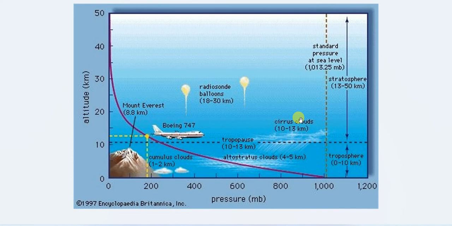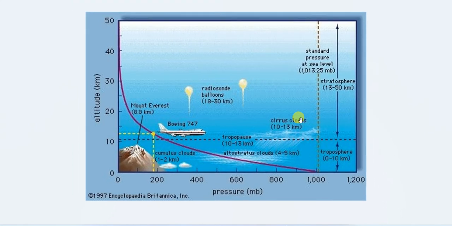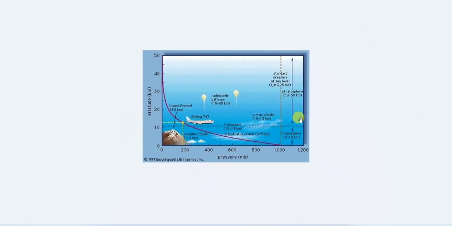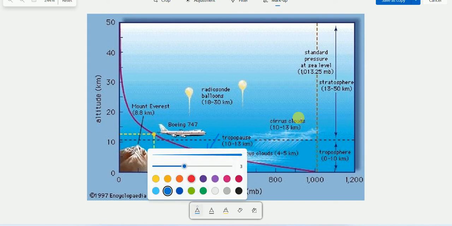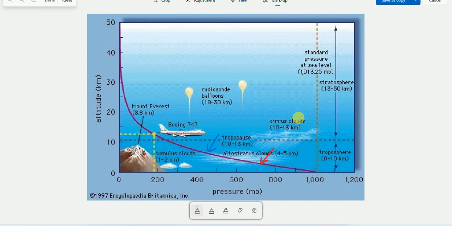If you see the graph, it is very rapid up to 10 kilometers from the surface, then again gradual. This line represents the vertical variation in the pressure.